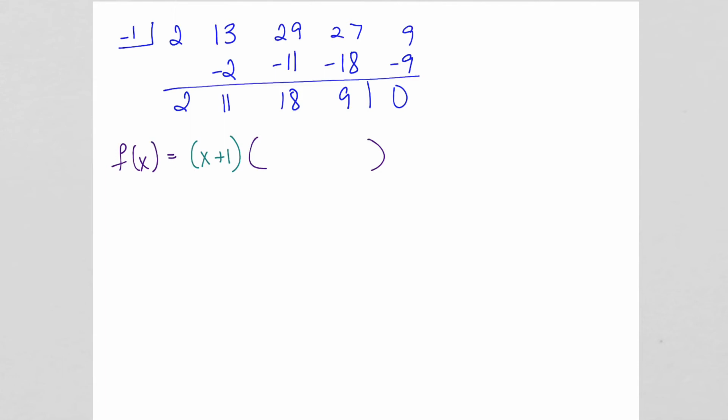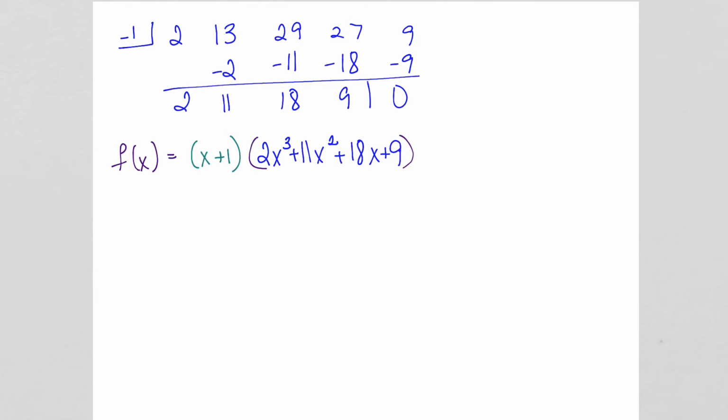And so in our second set of parentheses, we started with a 4th power, so it's 2x to the 3rd plus 11x squared plus 18x plus 9.